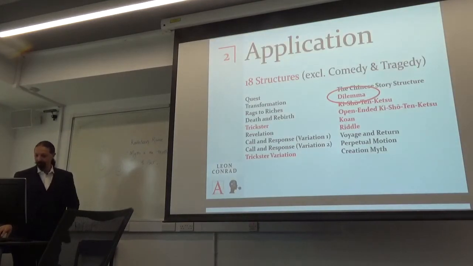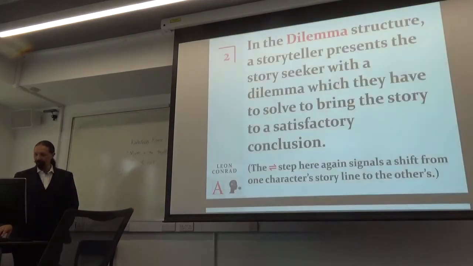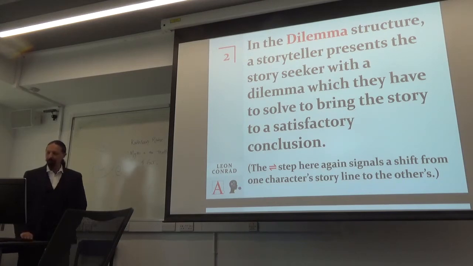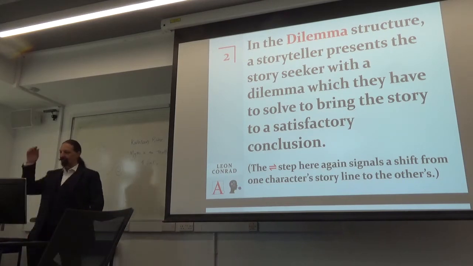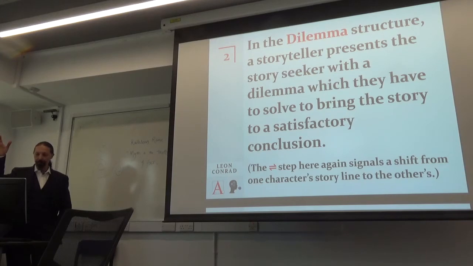The dilemma structure is similar, and I thought I'd put in some different examples here. In a dilemma structure, a storyteller presents a story seeker with a dilemma. The story seeker then has to solve that dilemma to bring the story to a satisfactory conclusion.